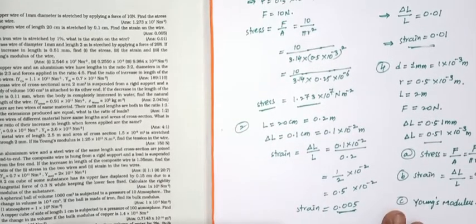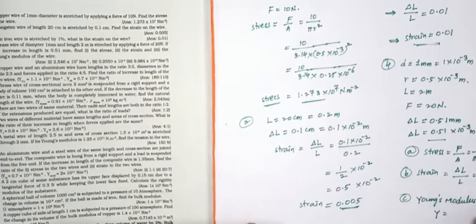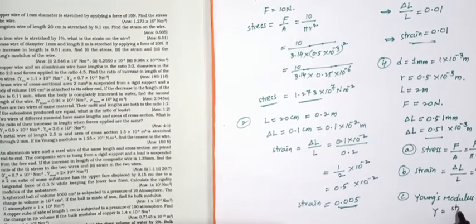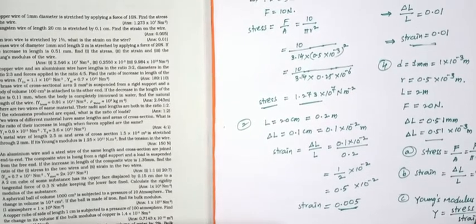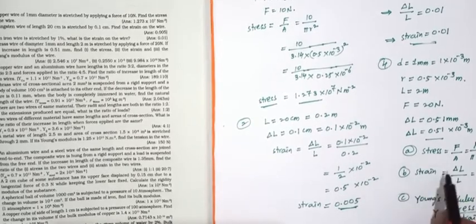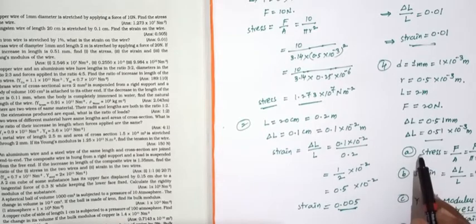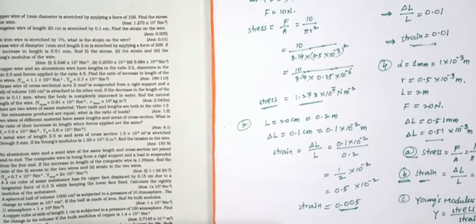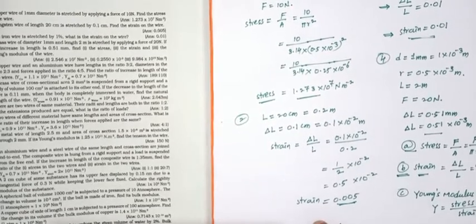Young's modulus Y equals stress by strain. Here, stress by strain. Already we found the values of stress in the A part and strain in the B part. We can substitute in this equation and find it easily.